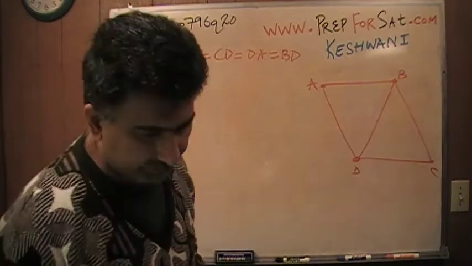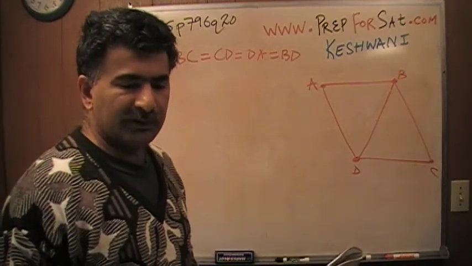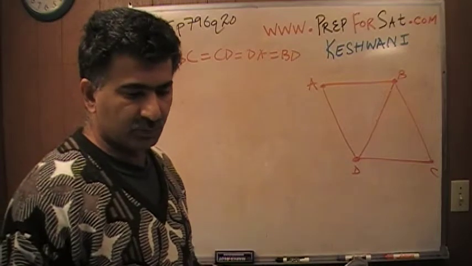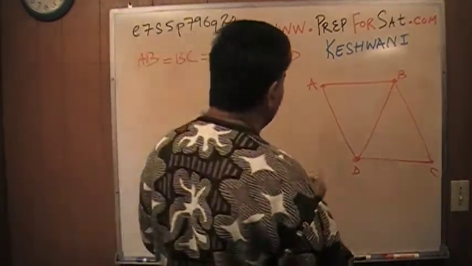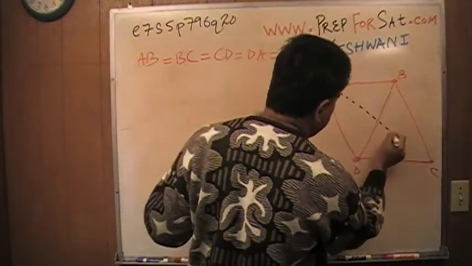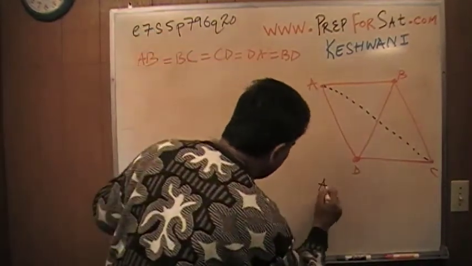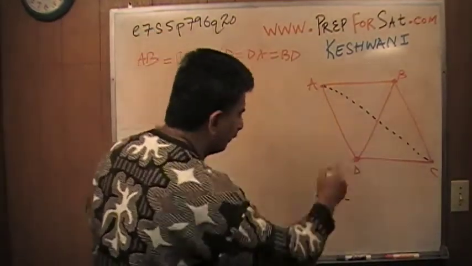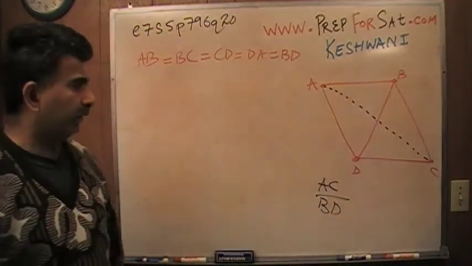The ratio of AC, which is not shown, to BD. In other words, they want you to find the ratio of the long diagonal to the short diagonal. That's all it is. So I'm going to start solving it, okay?